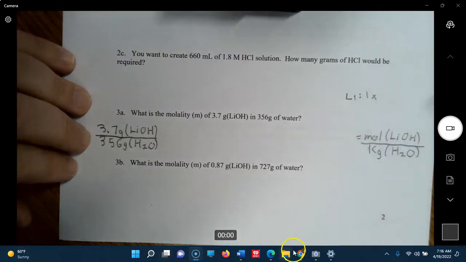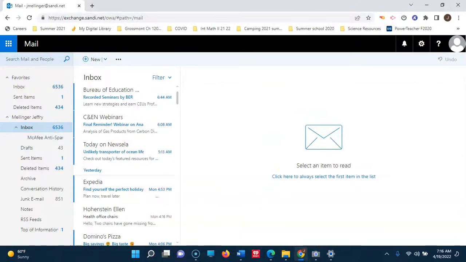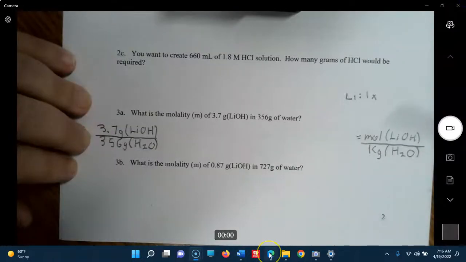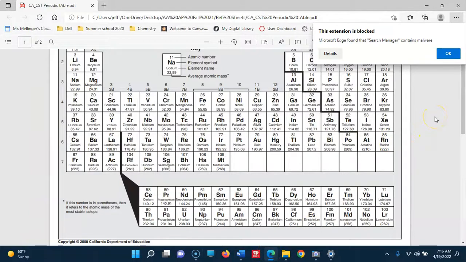And let's pull up the periodic table. There it is. Li is 6.94. You see it up there, element number 3. O is 16. H is 1.01. And I'll go ahead and write the total right here, write the equivalency.